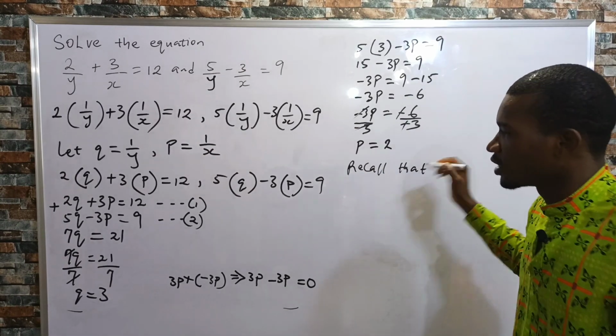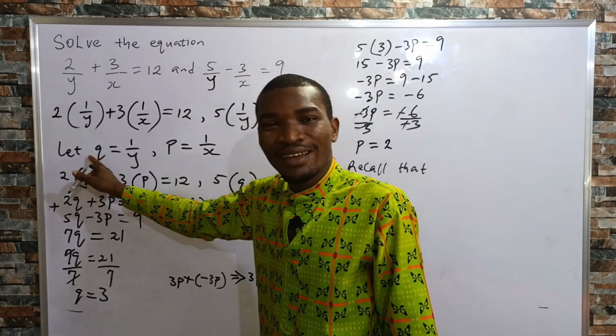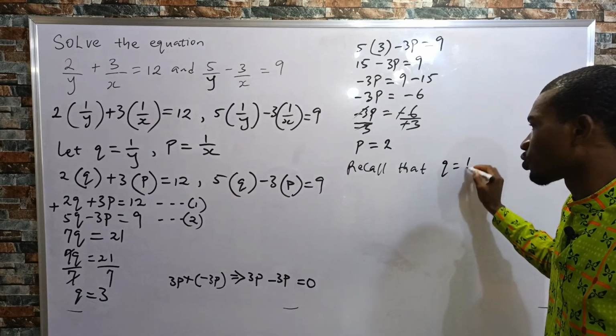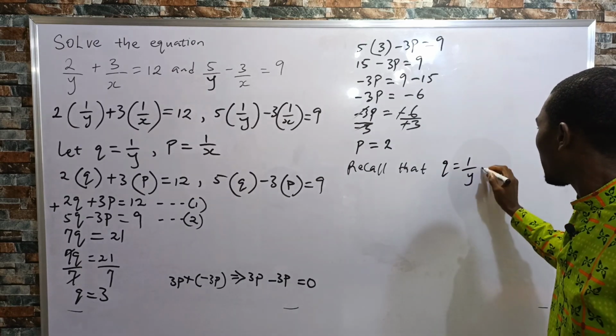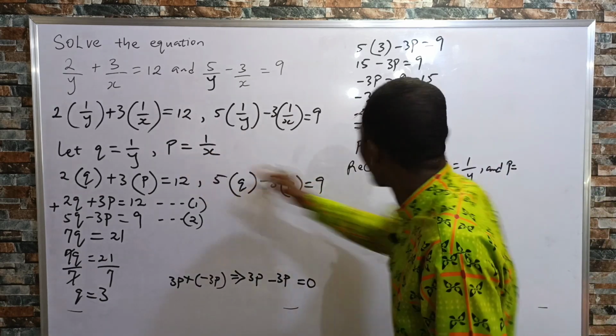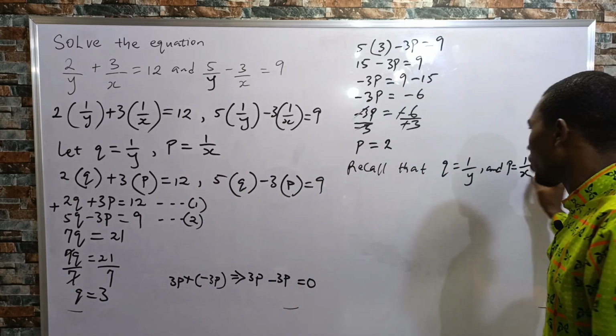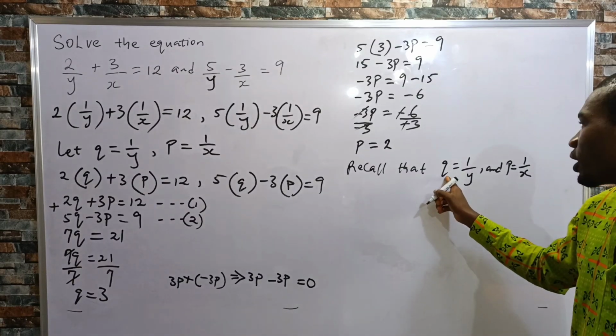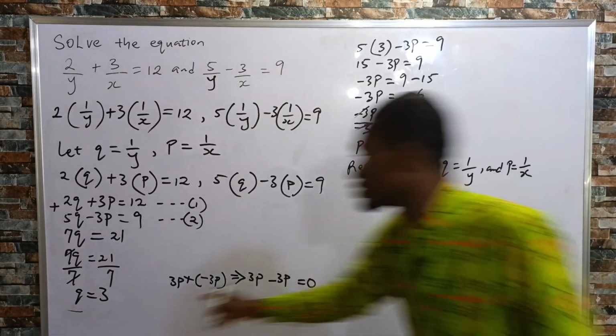We recall that we stated clearly that q is equal to 1 over y, and we also recall that p is the same thing as 1 over x, such that wherever we see q now, we can replace it with 3.